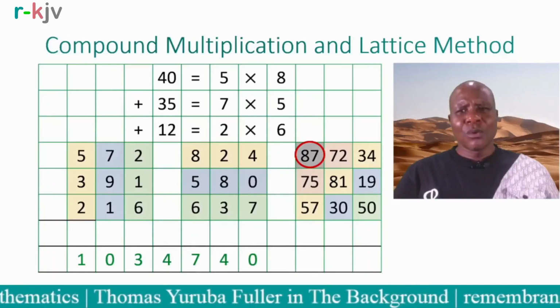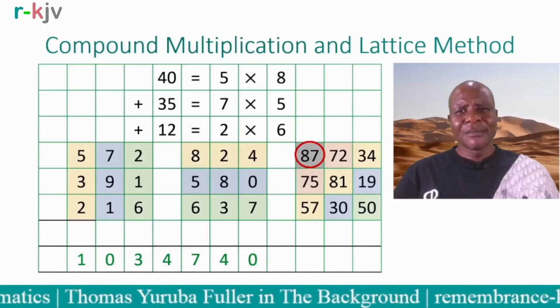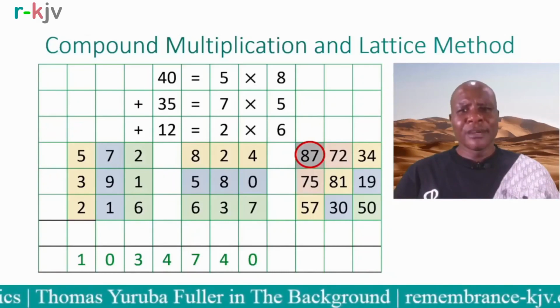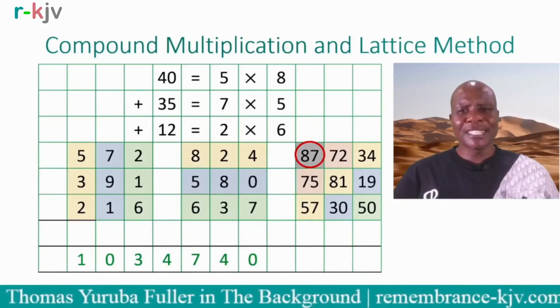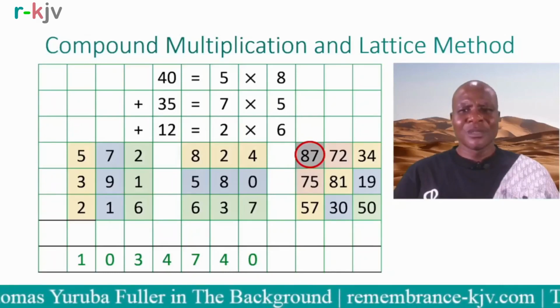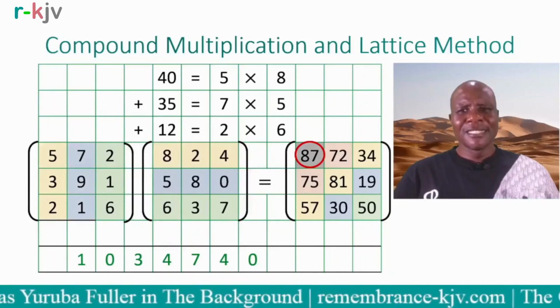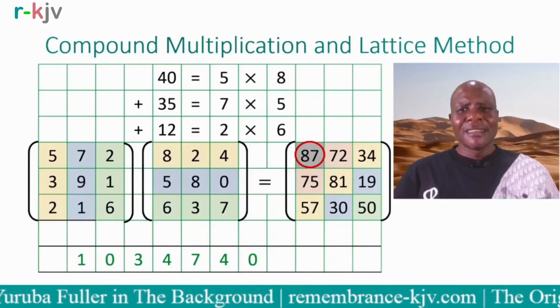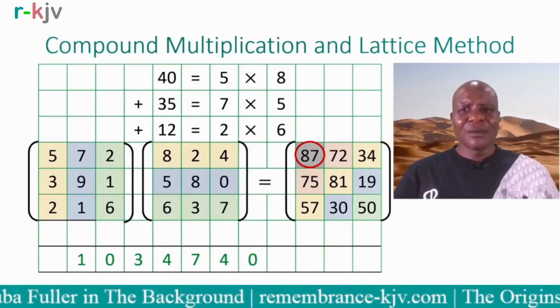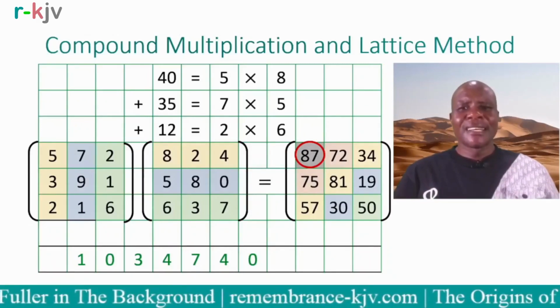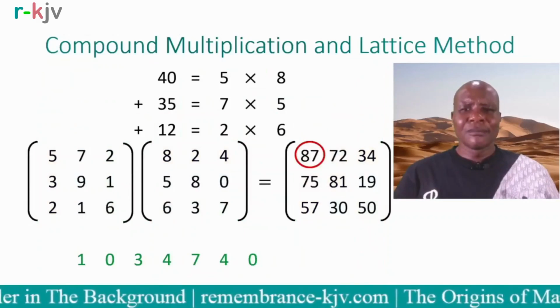That's row-column multiplication. The same algorithm employed in computing matrices. So, these are matrices. The only difference is that with matrices, the grids are removed.